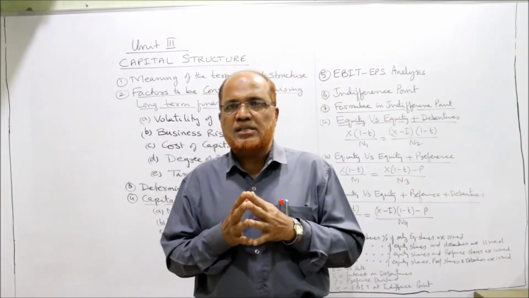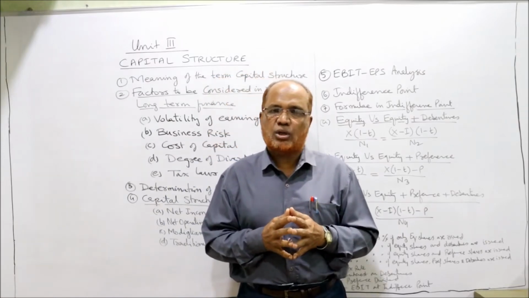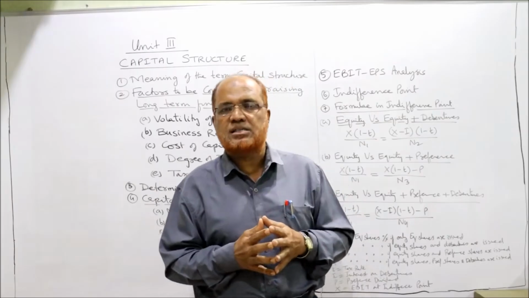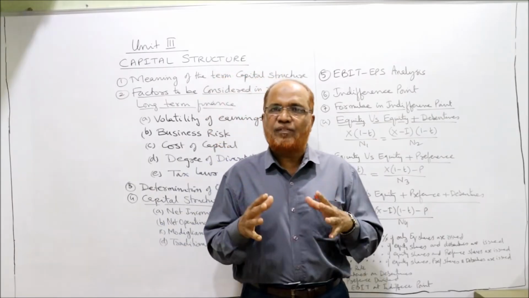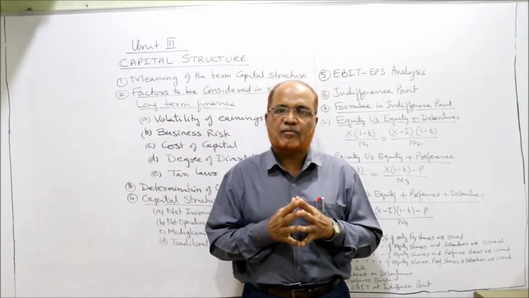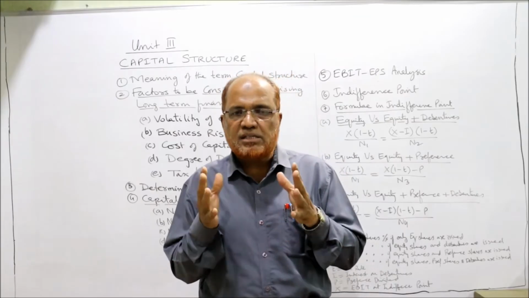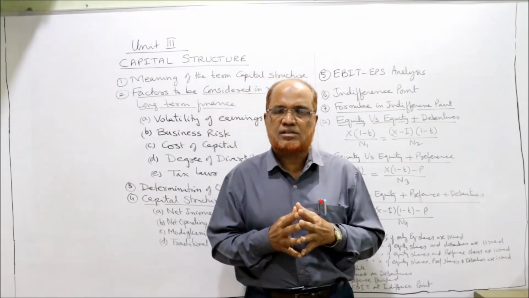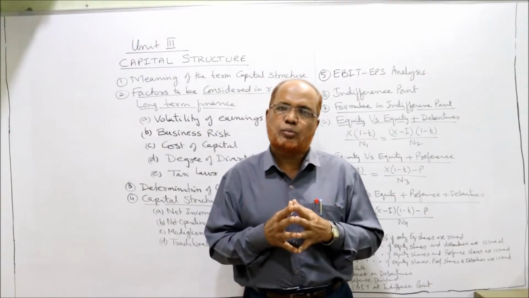The management has to consider a number of factors in order to make a proper combination of long-term funds which maximizes the market price of the share. A number of factors must be considered because every source of fund will have different cost. So by considering a number of factors, a proper combination of debt equity mix should be made.